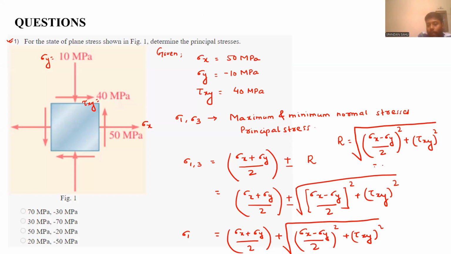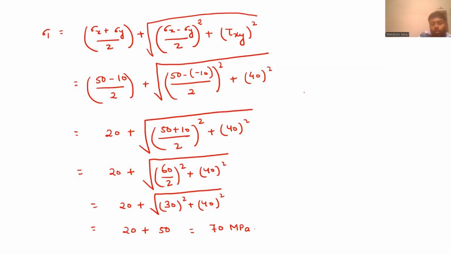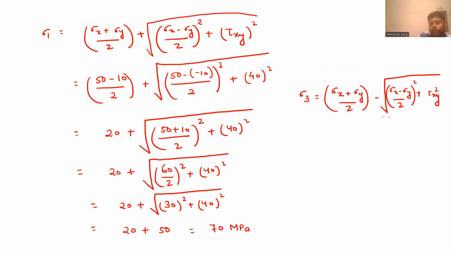and your R value came out to be 50 MPa. So sigma 3 can be written as sigma x plus sigma y by 2 minus of sigma x minus sigma y by 2 whole square plus tau xy whole square under root, and this value is nothing but R, and we got it to be 50 MPa.